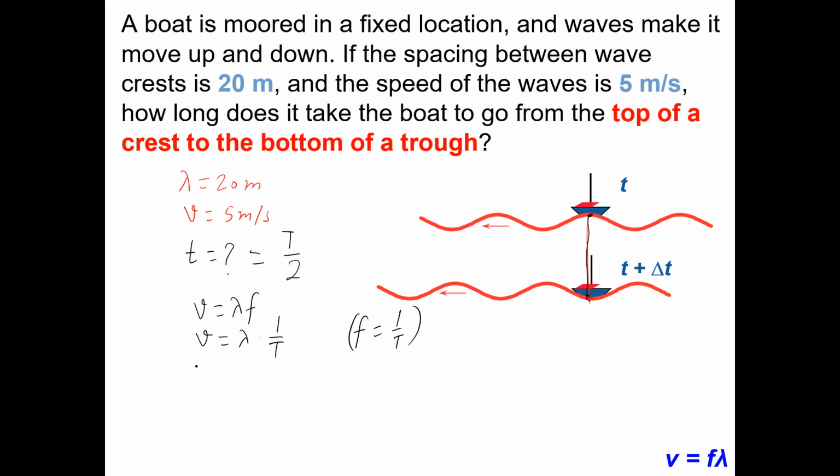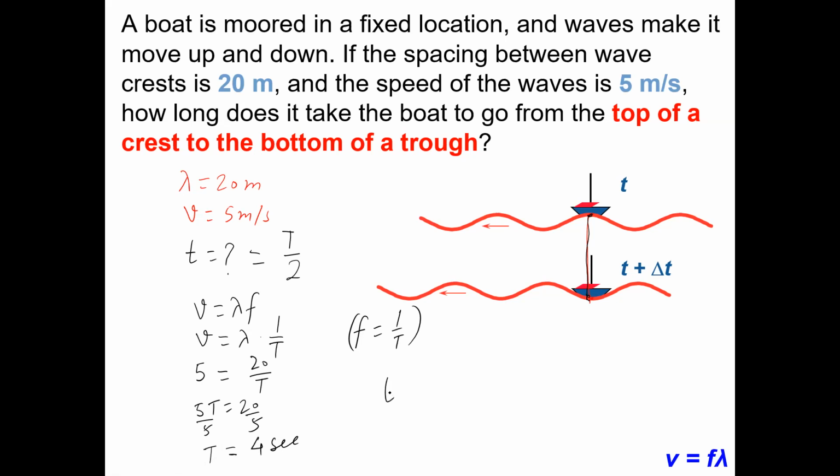So write down all these values. v is given as 5 meters per second, equal to lambda, given as 20, divided by time period T. Cross multiplying, you will get 5T is equal to 20. So I'm going to divide both sides by 5. How much do you get? T is equal to 4 seconds. Yes, 4 seconds.